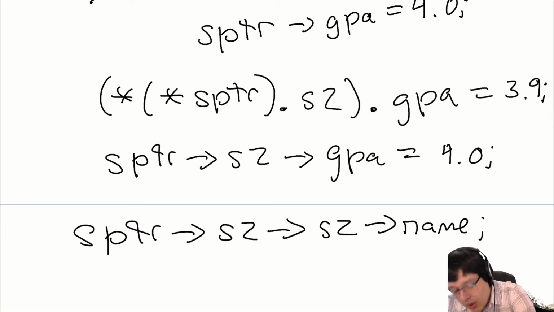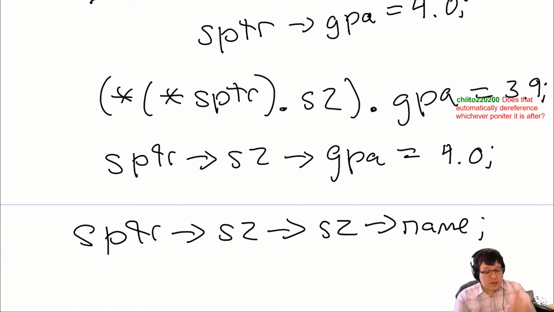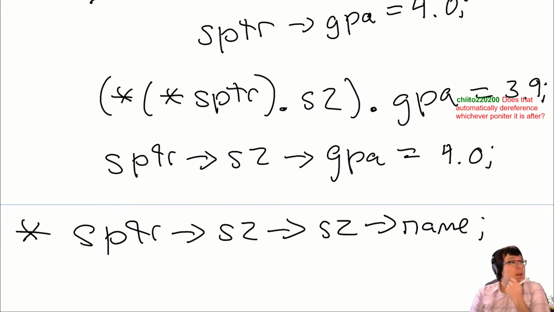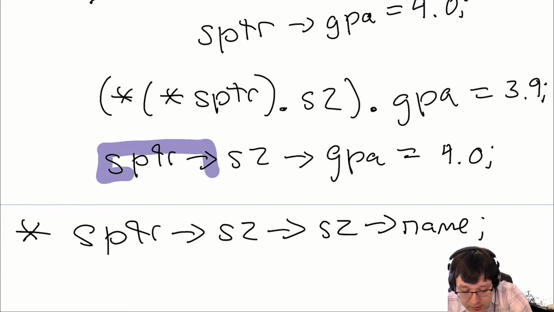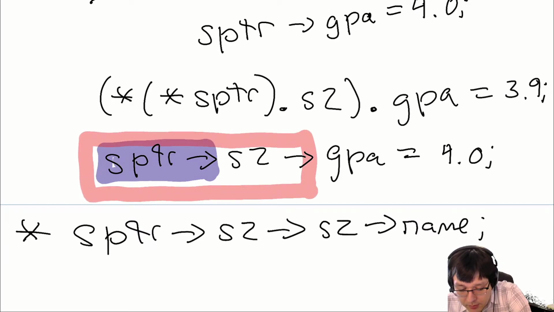The name one, however, because name is a pointer, then we do have to put one asterisk over here. Okay. So we have first question. Does that automatically dereference whichever pointer it is after? It will dereference the one before, not after, because technically speaking, this arrow part is dereferencing this part, okay? And then this arrow is dereferencing this part.